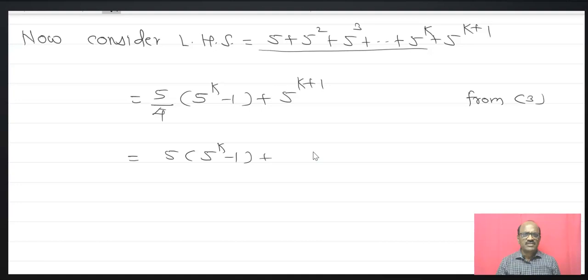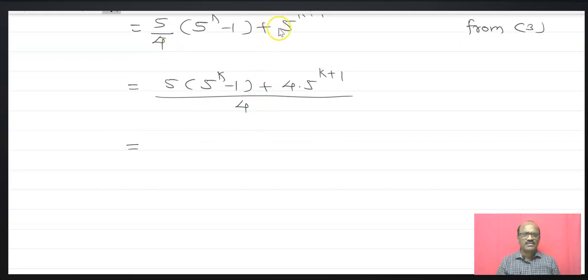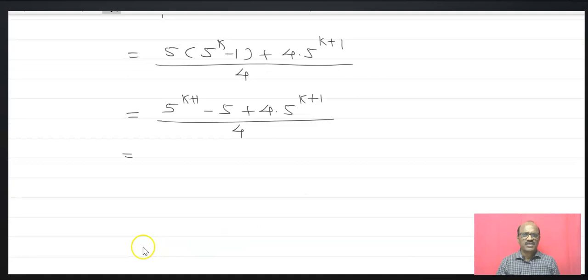Now evaluate this. 5 raised to k multiplied here, that is 4 into 5 raised to k plus 1. Now what is here? 5 raised to k plus 1 minus 5 plus 4 into 5 raised to k plus 1, upon 4. Take 5 raised to k plus 1 as common.